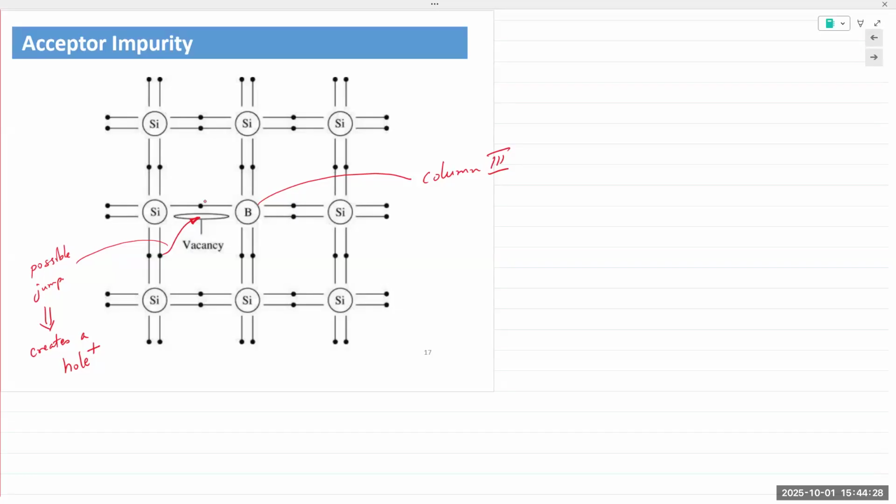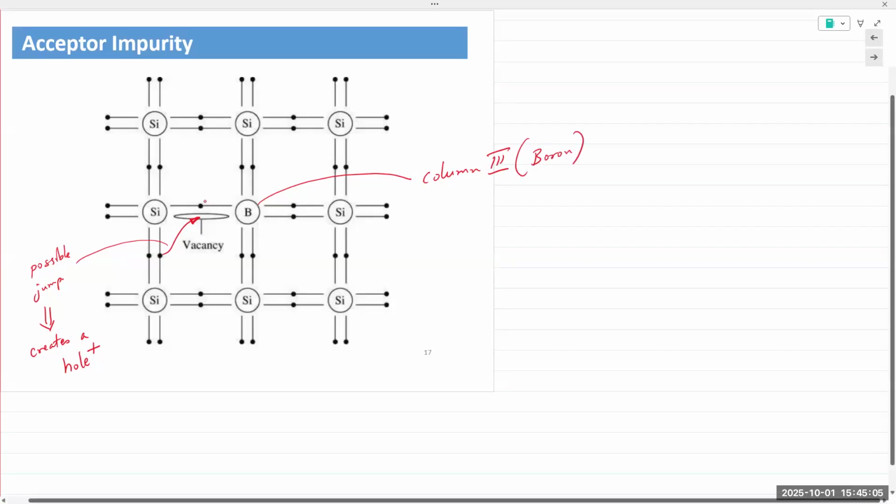Those positive charges are created because column 3 elements have only 3 electrons, meaning the 4th spot where the covalent bond should exist is now available for electrons in the silicon structure to jump into that spot. And when the silicon electrons jump into that spot, it creates an excess of positive charges. And so thus we have column 3 elements such as boron.